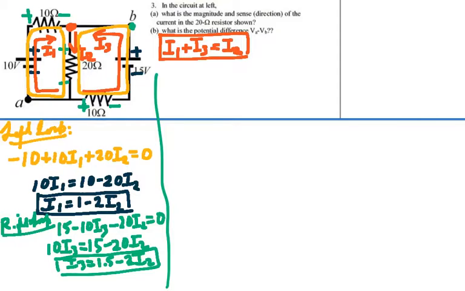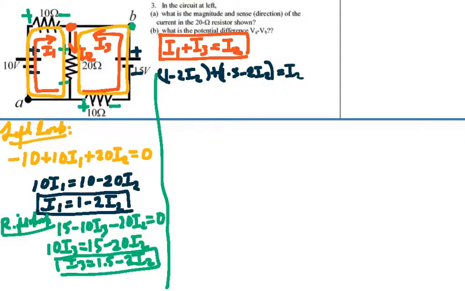Alright, so let's put this all into I1 plus I3 equals I2. So we have I1, which is 1 minus 2 I2, plus I3, which is 1.5 minus 2 I2, and all that should equal I2.